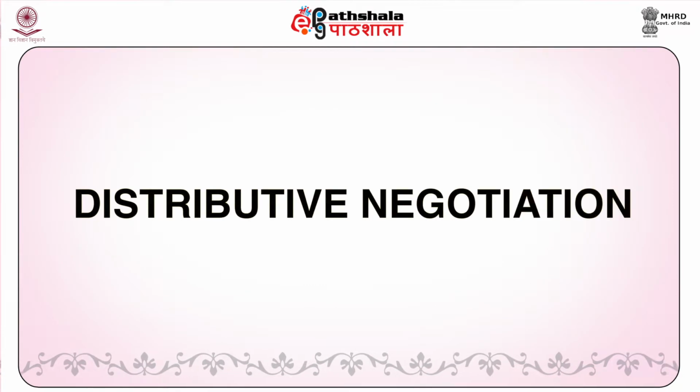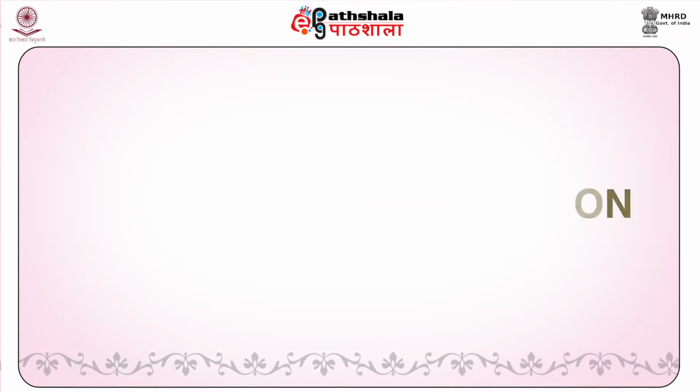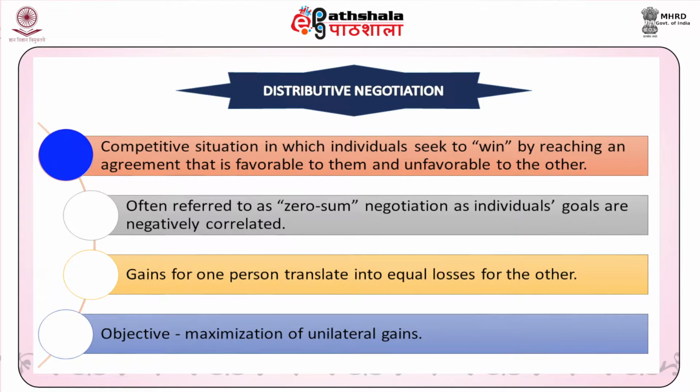Now, the distributive negotiation. Distributive negotiation may be seen as a competitive situation in which individuals seek to win by reaching an agreement that is favorable to them and unfavorable to the other.